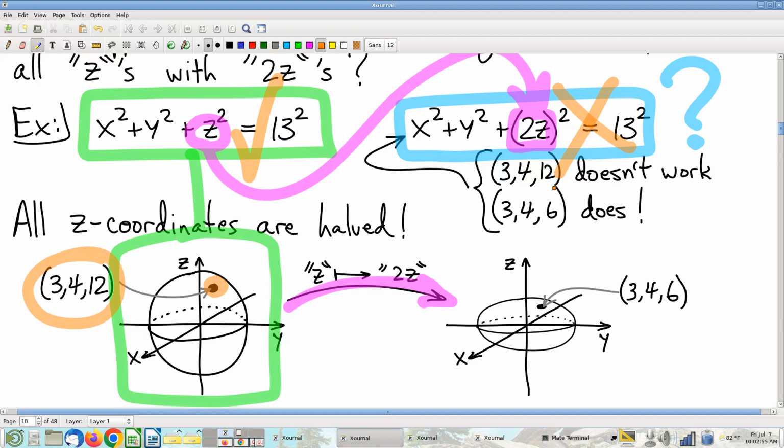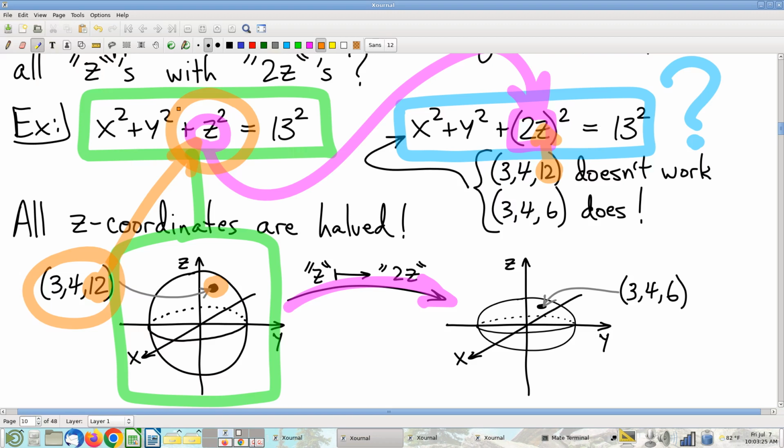Why doesn't it work? Just to be blunt, this 12 was supposed to be the thing that got squared. Over here, 12 was the thing that got squared. But over here on the right, it gets multiplied by 2 and becomes 24 before it gets squared. And that is the wrench in the works. It just messes everything up.